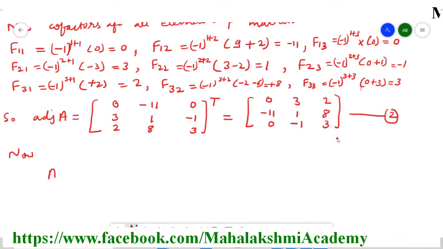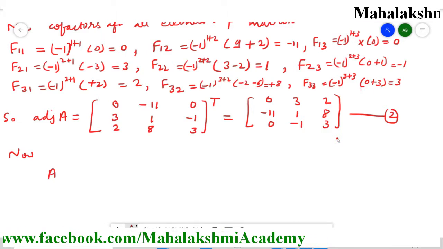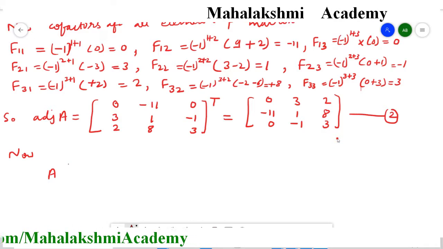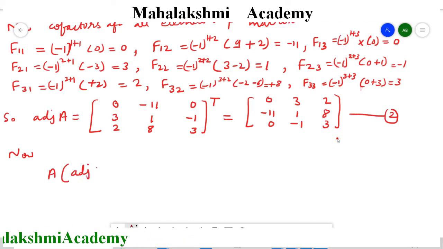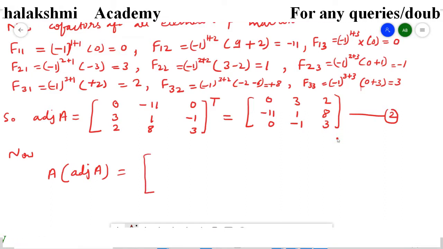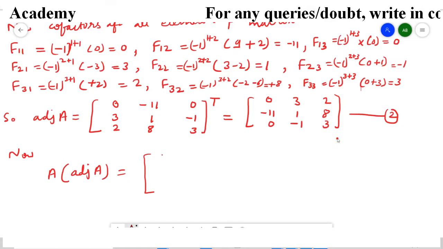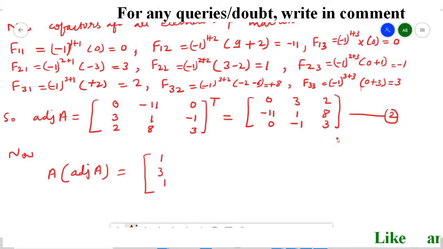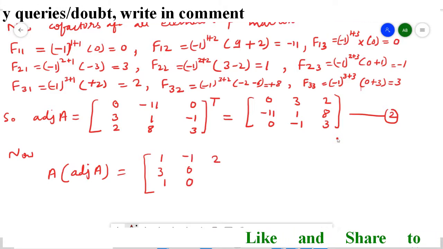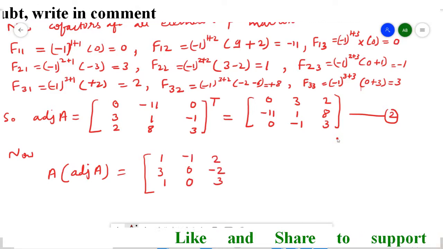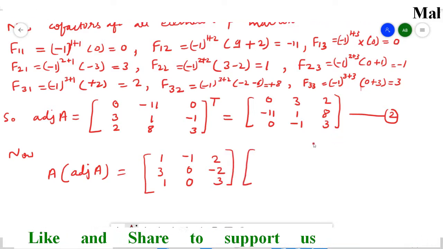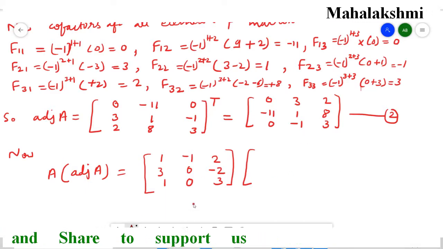Now A multiplied by adjoint of A. We'll write the matrix A that I am writing from the question, you can consult the question: 1, 3, 1, then minus 1, 0, 0, 2, minus 2, 3. And when we put here the adjoint value, see, this is our adjoint, just put here this matrix that I wrote from the question.